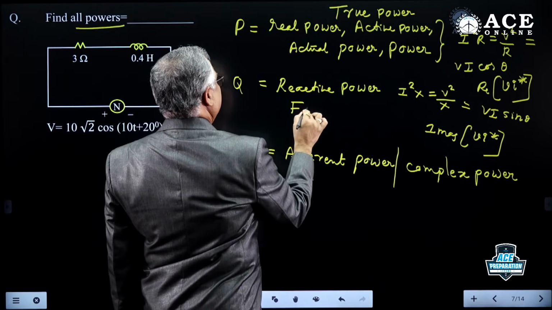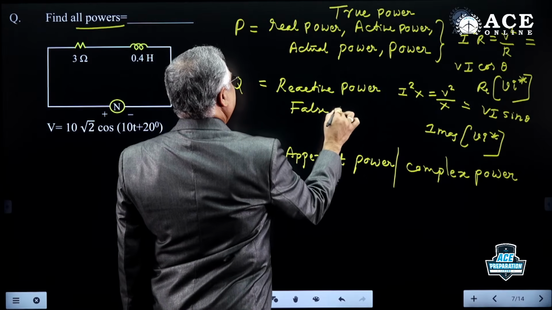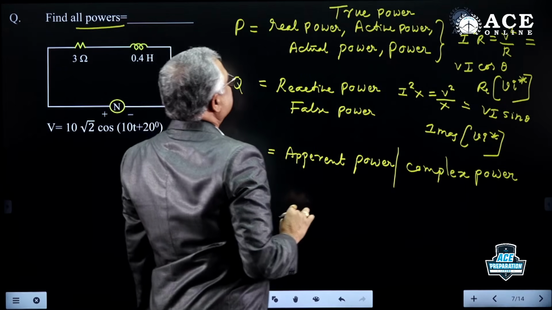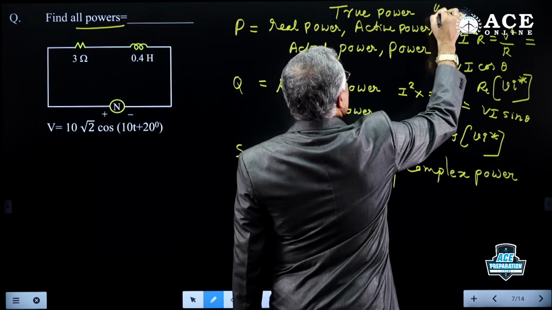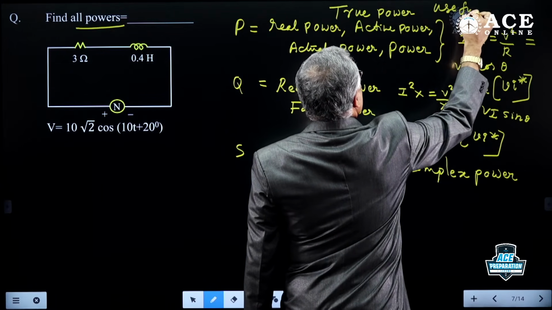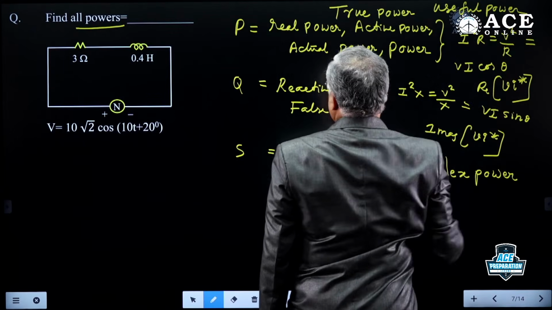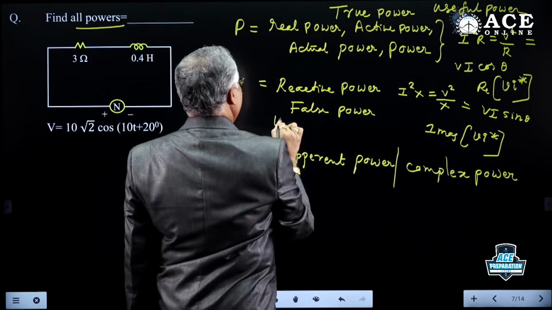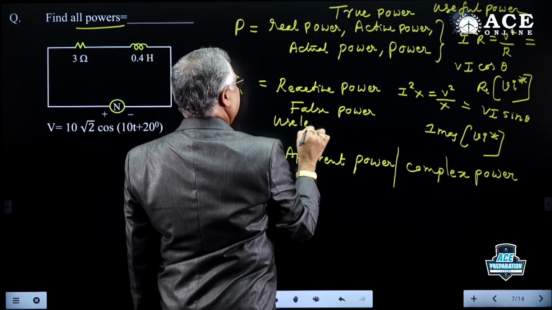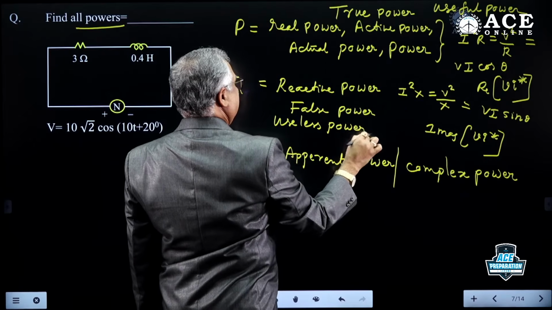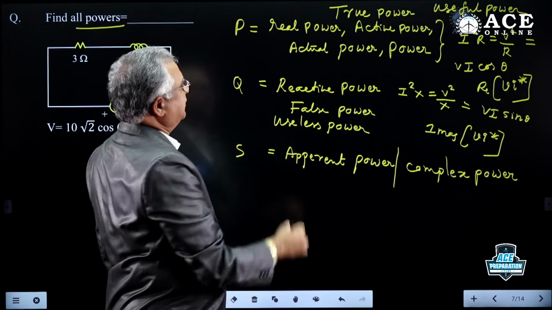S is false power. P is useful power. Q is useless power. We come across different words.